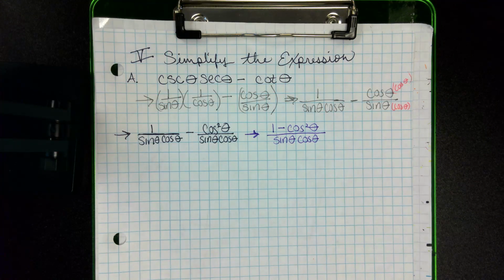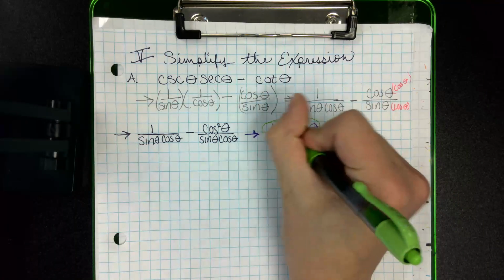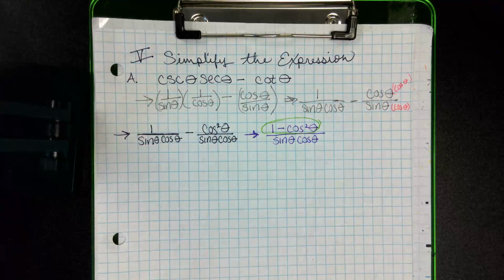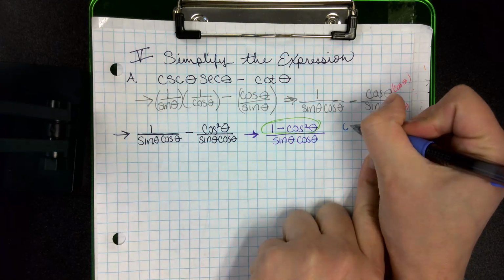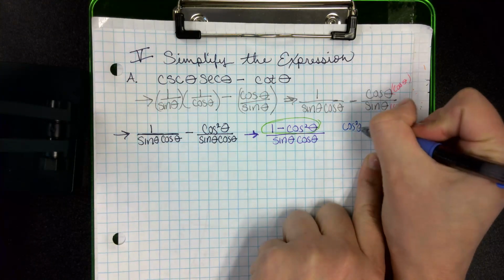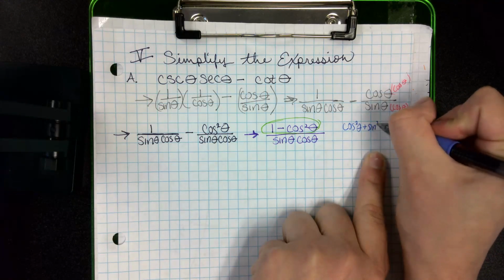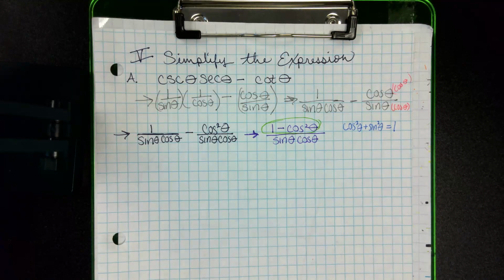But not quite. So you're going to take this and be like, that looks a lot like Pythagorean. Well, what is the Pythagorean? Over to the side, let's see if we can make the Pythagorean identity look like what we have. So I'm just going to come over to the side, write out exactly the Pythagorean identity, cosine squared theta plus sine squared theta equals 1, and see if I can rearrange this to match what I have.